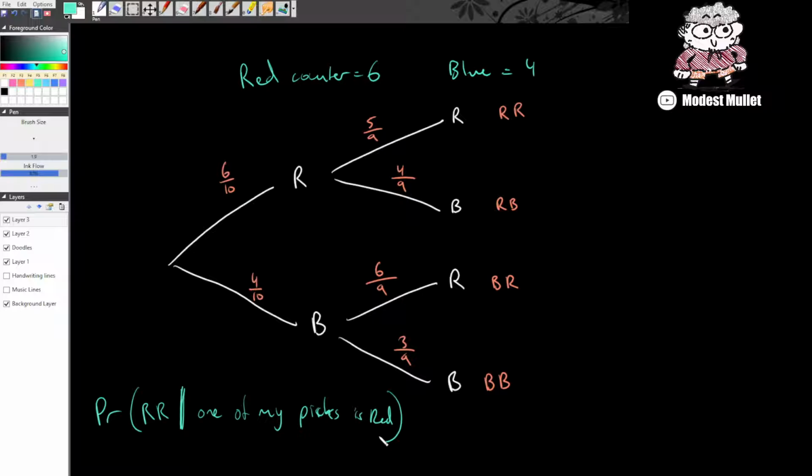And that's actually really difficult because one of my picks is red means I need to include that combo or that combo or that combo. Any of those could satisfy the condition. So for those combos, we'd have to add together those probabilities. We'd have to do BR plus RB plus RR.